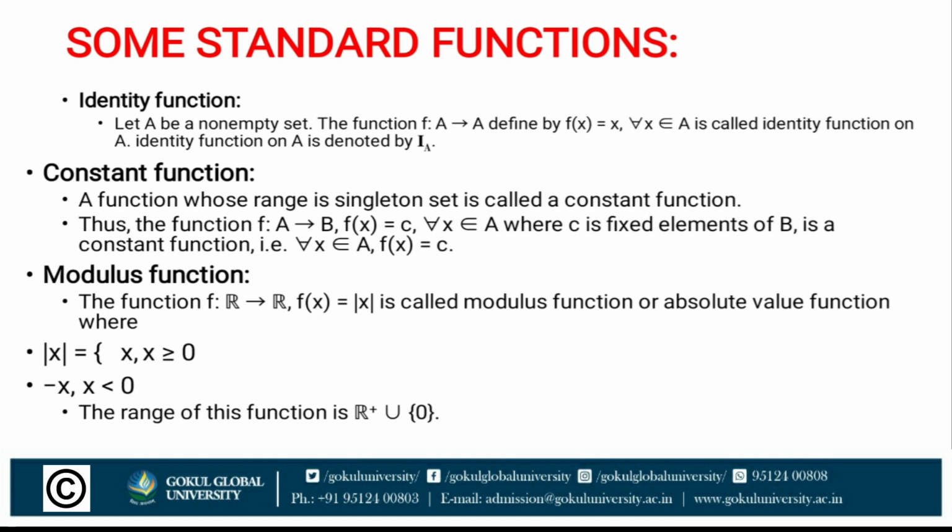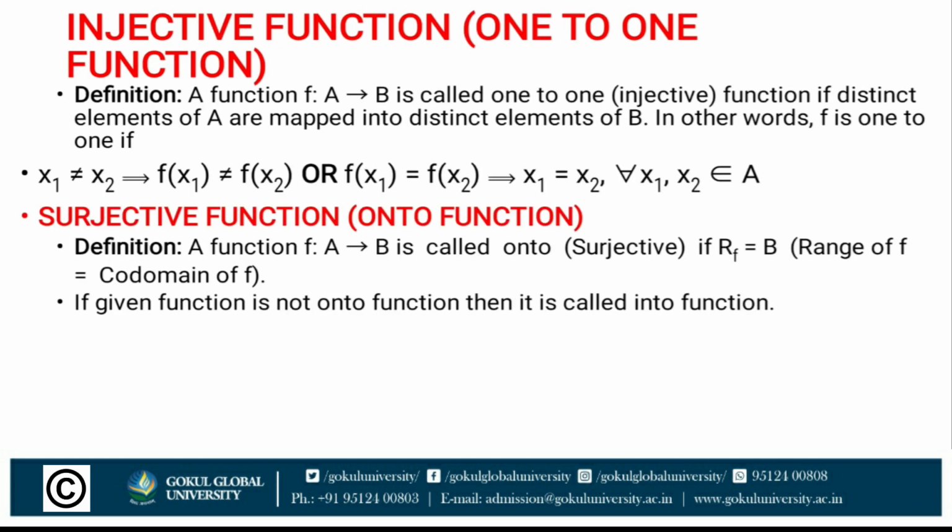Then the modulus function, f(x) = |x|, where if x is greater than or equal to 0, then the result is x, but if x is less than 0, then the result is minus x. The range of this function is R positive, that is 1, 2, 3 and so on, union 0, which means 0 is included in the modulus function.